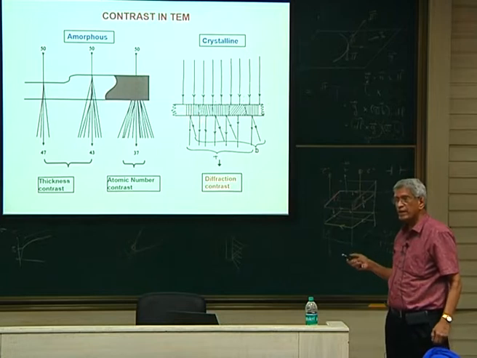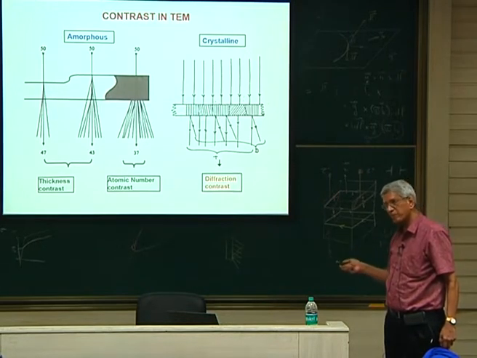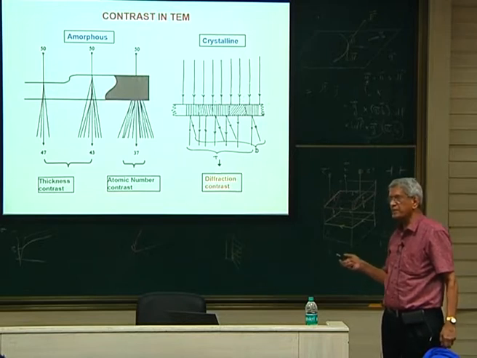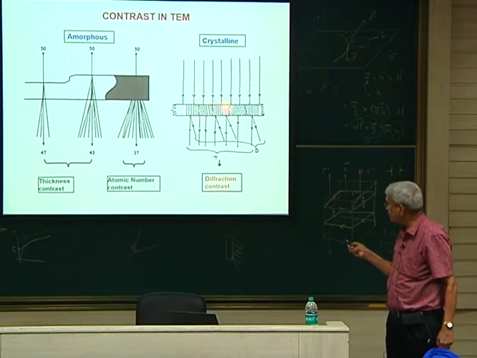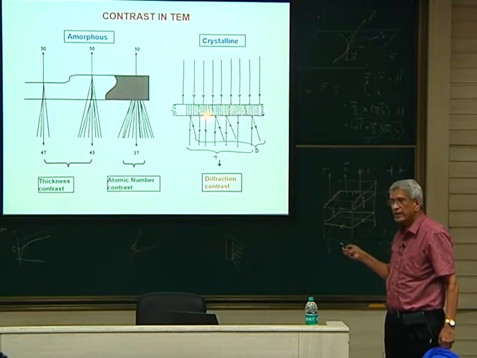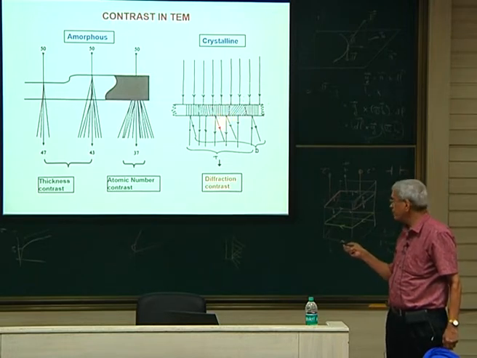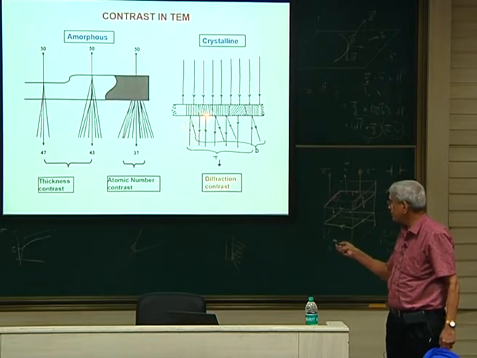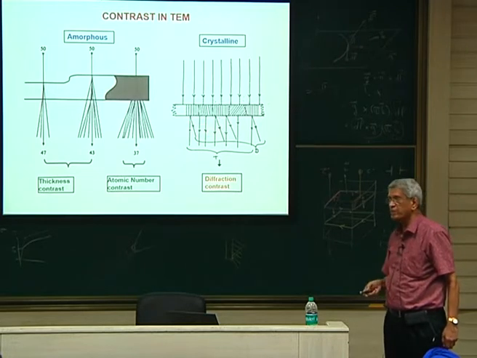Depending upon that, the intensity of the radiation which is scattered away from the primary direction is going to change. That means that if different grains are present and each grain is oriented in a different way, the scattered intensity will be different for the transmitted beam, and similarly for the diffracted beam.